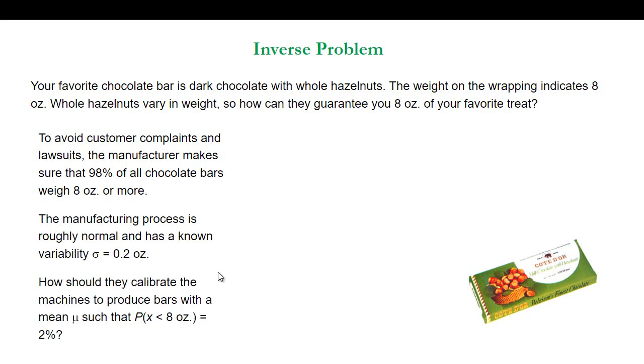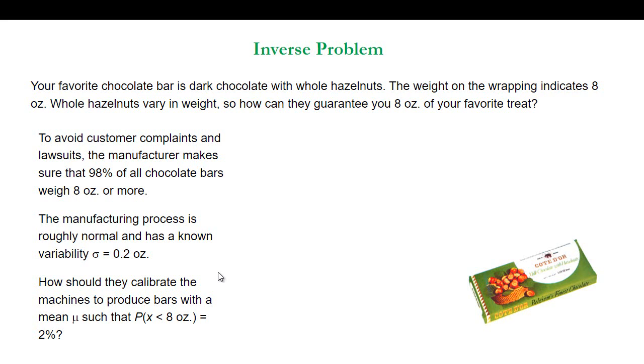The standard deviation is known, and the question is, how should they calibrate their machines to produce bars with a mean mu such that the probability that X is less than 8 ounces is 2%? Remember, they want to make sure that 98% of the chocolate bars weigh more than 8 ounces.